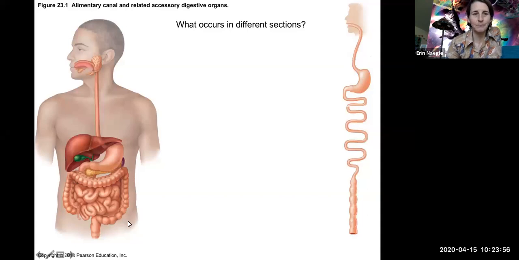This is known as the ascending colon, the transverse colon, the descending colon, the sigmoid colon, and then the rectum. And this guy right here, that's the appendix, found at the very beginning of your large intestine.